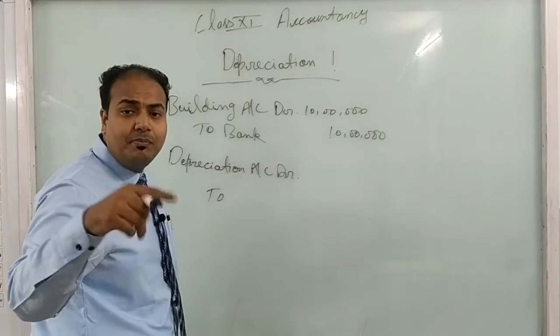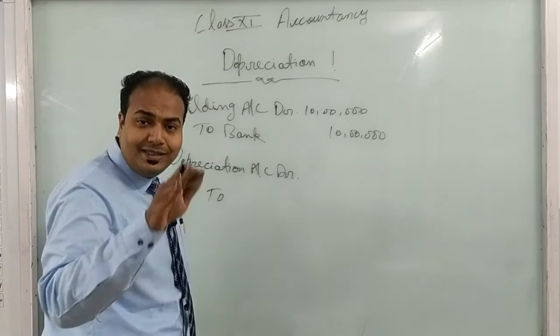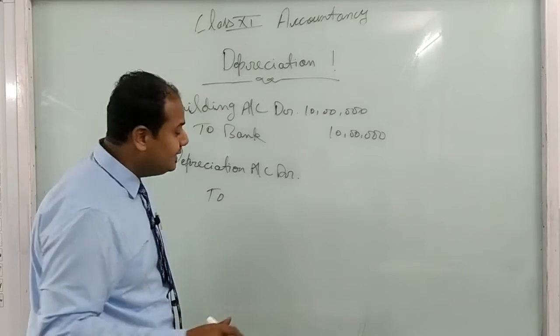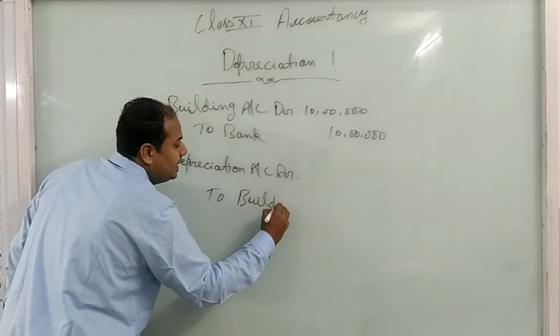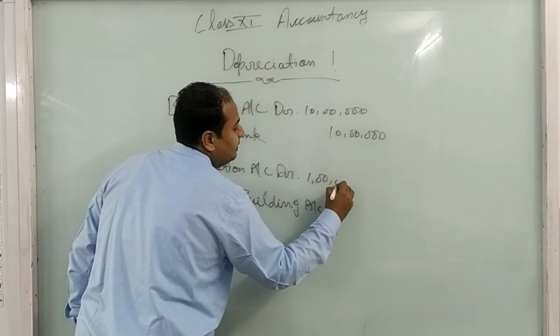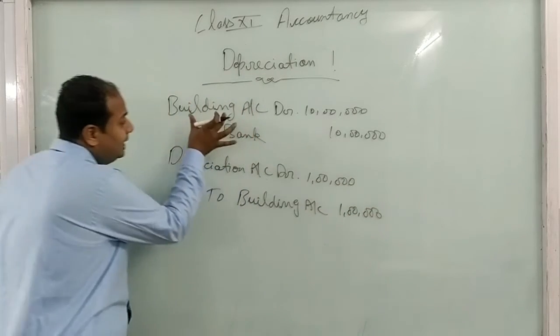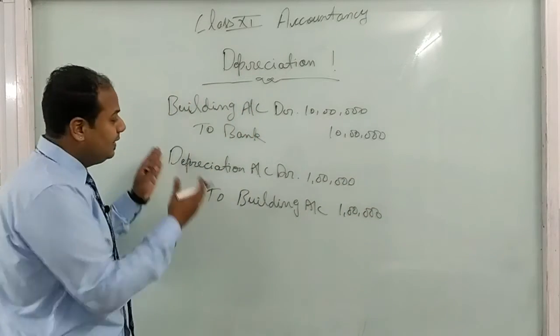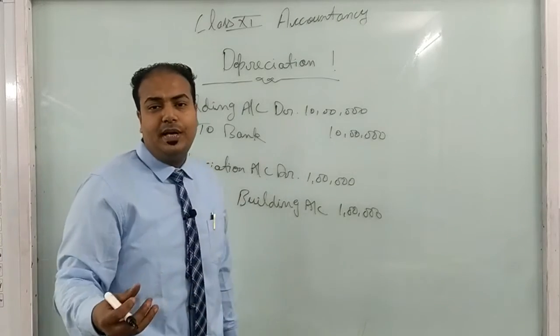Depreciation is applied on building, and due to which your value of building is decreasing, your asset value is decreasing, so the building gets credited. Depreciation account debit to building account by the amount of rupees 1 lakh. So in this manner, this capital expenditure will be transferred to your profit and loss account proportionately.